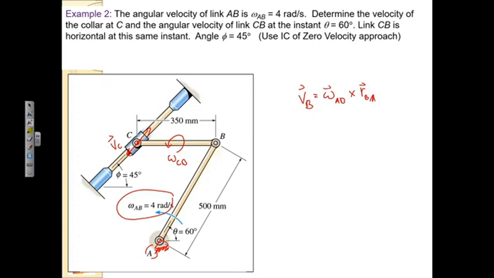And then I could write the velocity of B again for the other body, and that's with respect to the velocity of C and its rigid body, omega BC. So if you wrote these two equations, you'd actually be able to solve this.